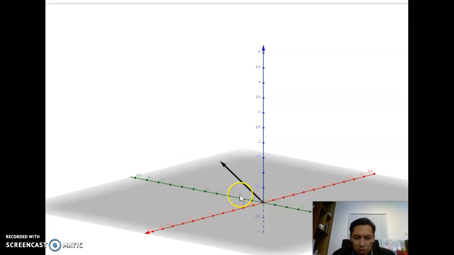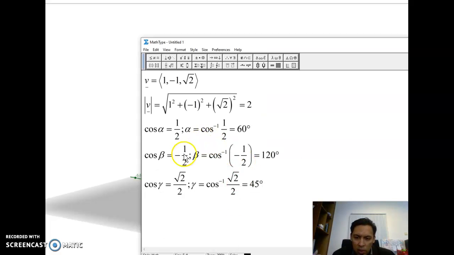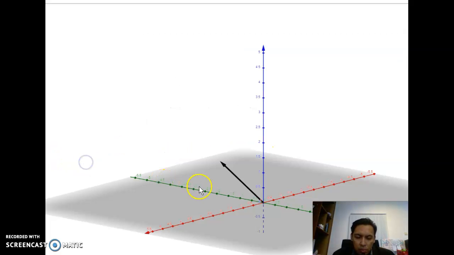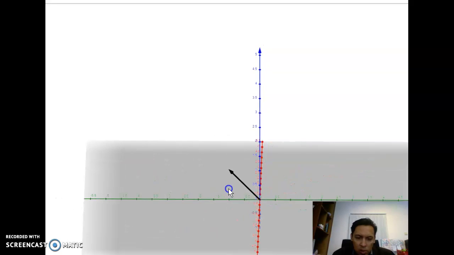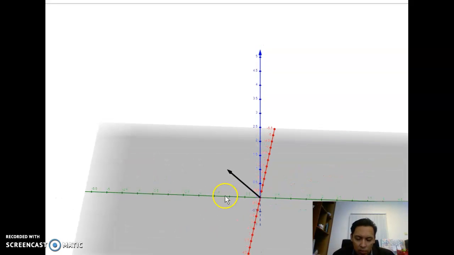So from this x to our vector, 60 degree. Next we have beta, 120, right? So it is from negative, okay, it will go back because it is at the negative side.